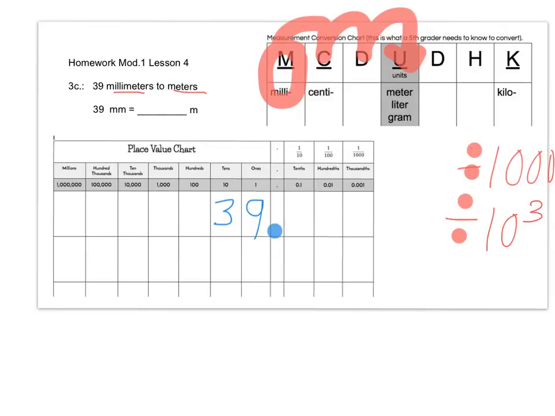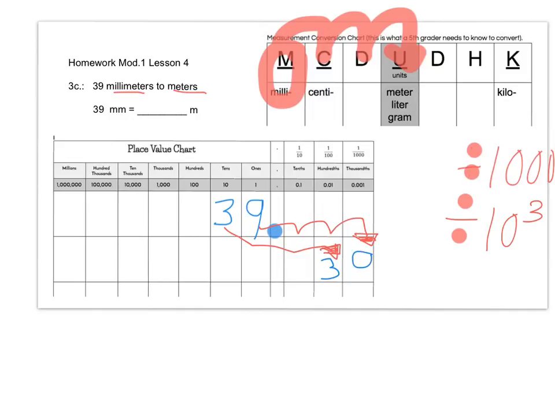So again, if we go back 3 columns, 1 column, 2 columns, 3 columns, our 3 is now going to be in this column right here. So we're going to shift our 3 back. We're going to shift our 9 back 3 columns. So the 9 goes 1, 2, 3. So the 9 is going to end up in this column, the thousandths column.